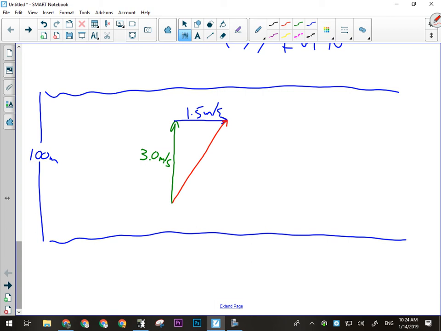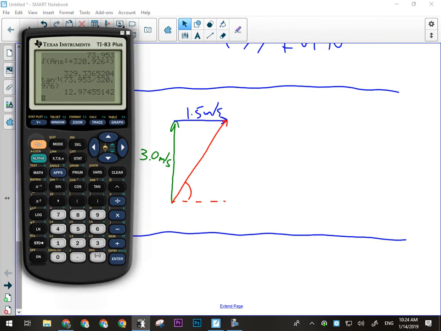Now, again, the question may ask you which way, or it may say from the shore. If it asks you from the shore, then it's that angle there. That was something that got a few of us on the unit exam, forgetting that it specified which angle it wanted. So it's not a difficult question to do. We just have to do Pythagorean theorem there.